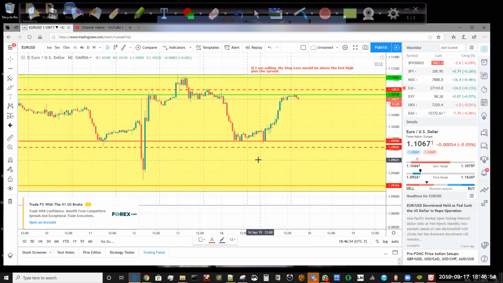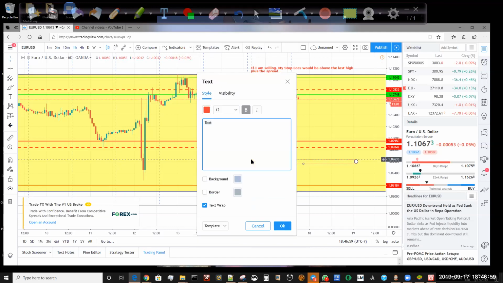If you're buying, it's going to be the reverse. If I am buying, my stop loss would be below the last low plus the spread.